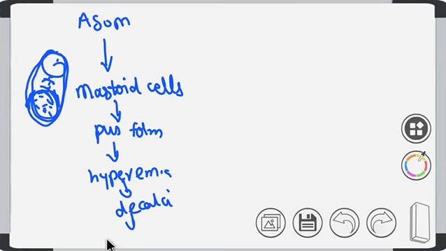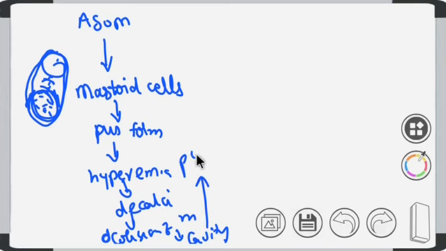Due to this decalcification, there is collision of mastoid cells that results in cavity formation. This cavity contains pus, and you see now pus has collected, right?